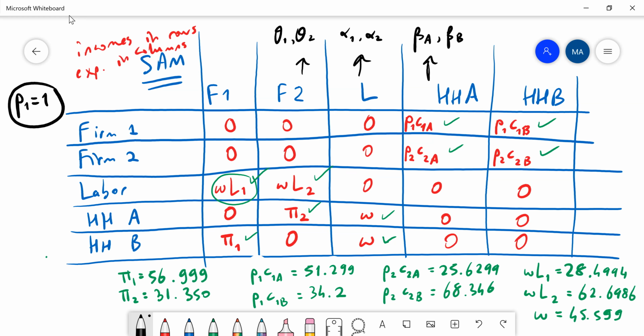I want you to try and see how you will proceed, which of the parameters could be identified and which of them are not identified. I want you to explore these things by yourself as an exercise. The model is very simple though, right? Everybody's a price taker, and excess profits are given to the owners, exactly as in the toy model.